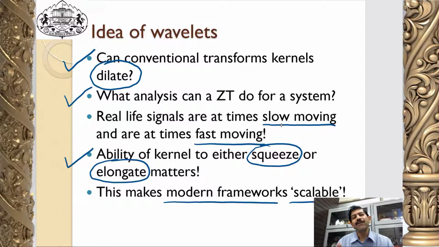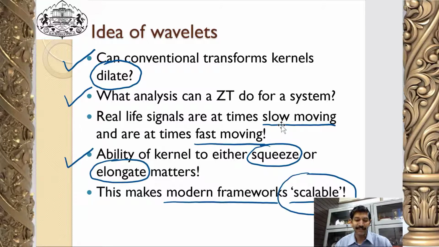So we want to have the same information at different resolutions, at different scales. And this is useful in so many practical day-to-day applications. That's why scalability plays a very vital role in the entire schema.